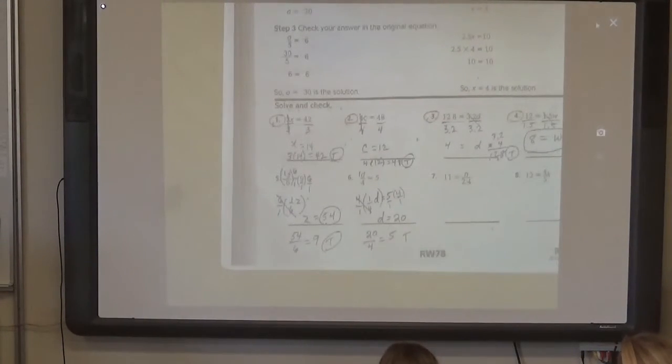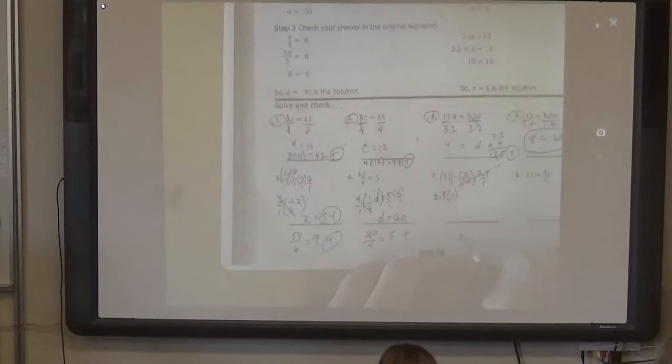What should we multiply by to get rid of the 2.4? Multiply by 2.4 over 1. Cross off the 2.4s. And then do 11 times 2.4. Why 11? Because 11 is on the other side. Okay?